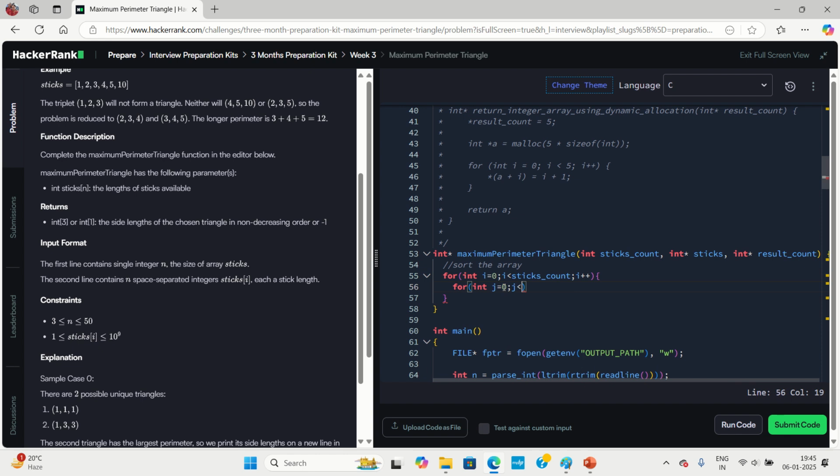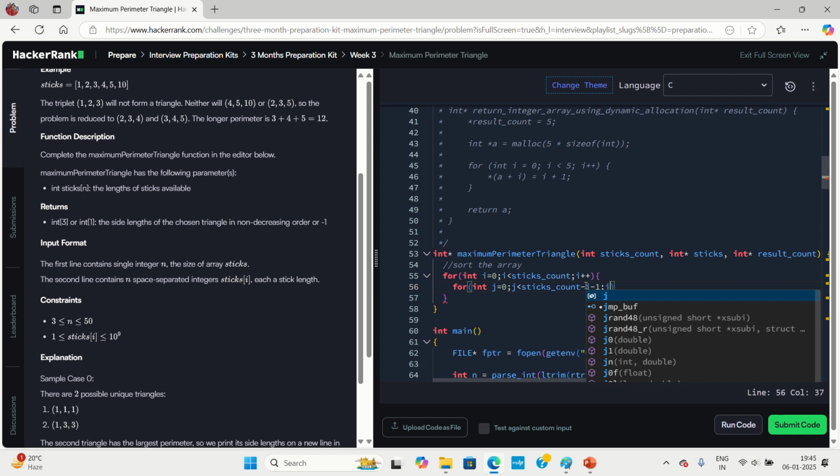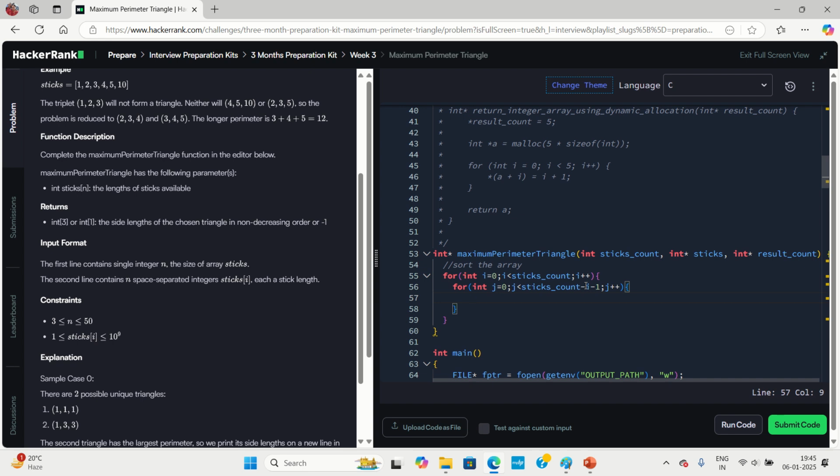So j equal to 0, j less than sticks count minus i minus 1, because instead of n we are using sticks count. Then j plus plus. Fine. And for the outer loop, not till the end, it is actually sticks count minus 1, because it is n minus 2 actually. So i less than sticks count minus 1.